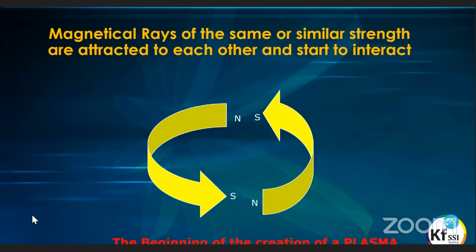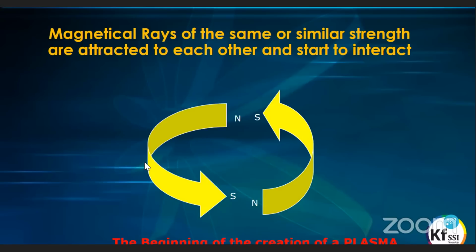As was shown in the video, you have the magnetic rays coming and interacting. So you get the rays of similar or very similar strength come and start interacting with each other, and you get the beginning of the creation of a plasma.